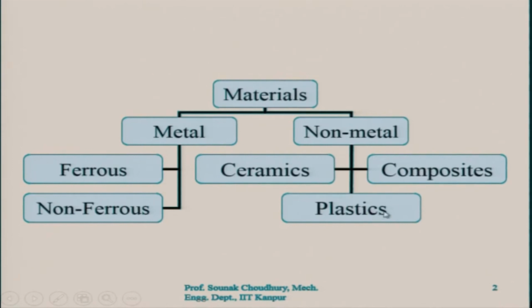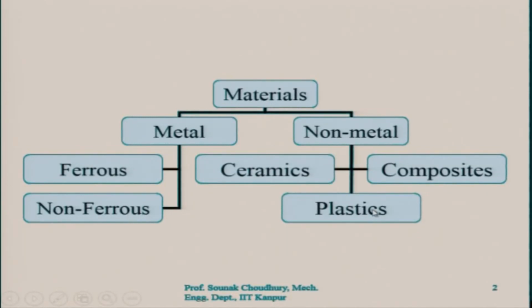Plastics are also used as engineering material in engineering practice, because they are very light and have reasonably good properties, which are different from metal, though they may not be as good as metal for some of the engineering uses.